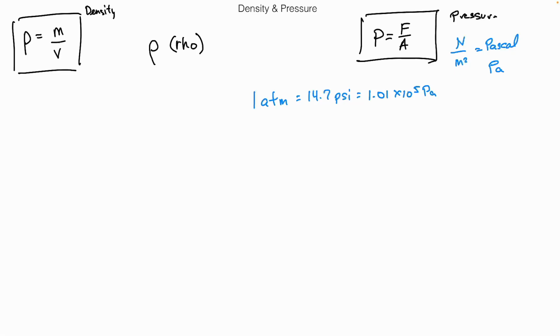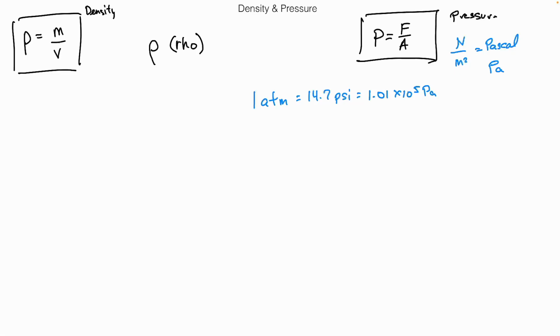Every little square inch on my body has almost 15 pounds of force being exerted on it. And so does this one. So does this one. How many square inches are there on the average human being? The answer is 2,000. 2,000 square inches of surface area, each square inch feeling 15 pounds.